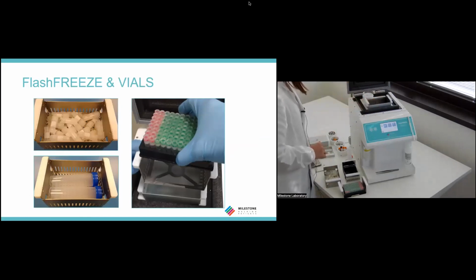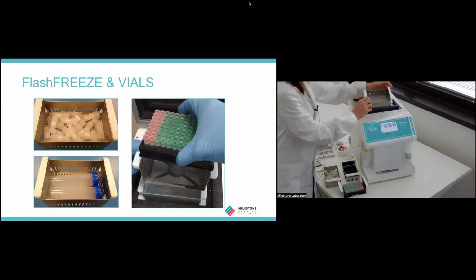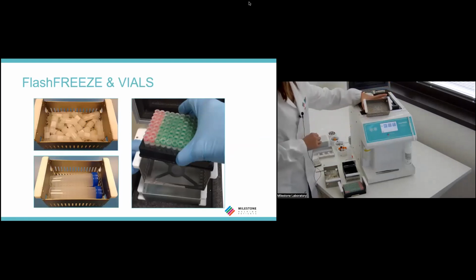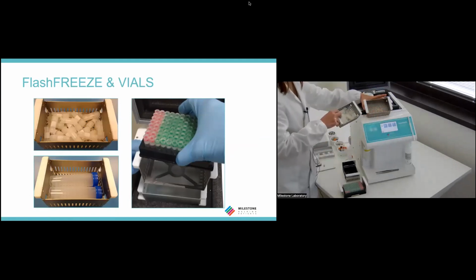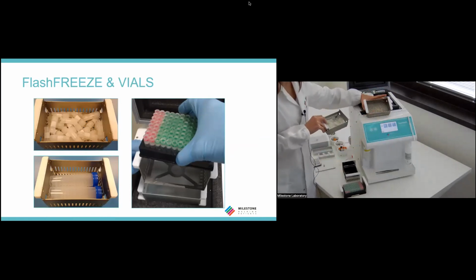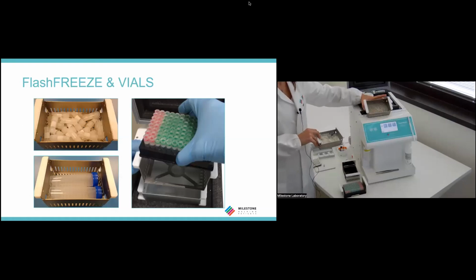Here we have one of the two racks present in the Flash Freeze unit. This is the random rack in which we can freeze one sample or up to many samples. In this case, with the standard vials of 1 ml, it's possible to put up to 25 vials.